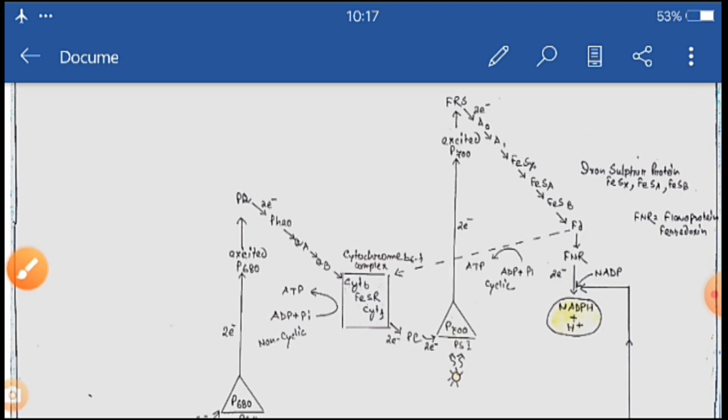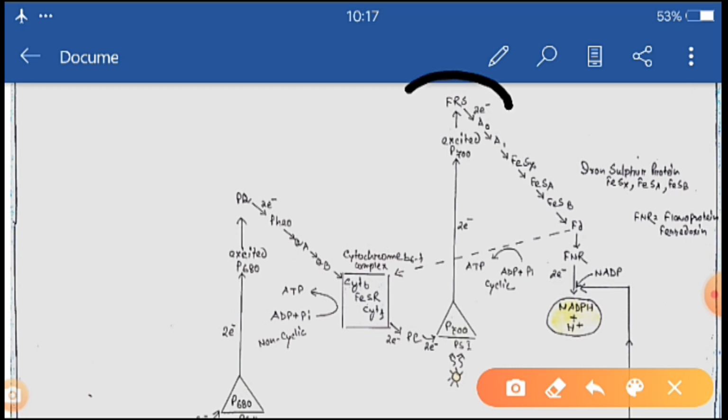Okay, now what happened to the electrons which are released from PS1? The electrons released from PS1 are now received by FRS, ferredoxin reducing substrate.